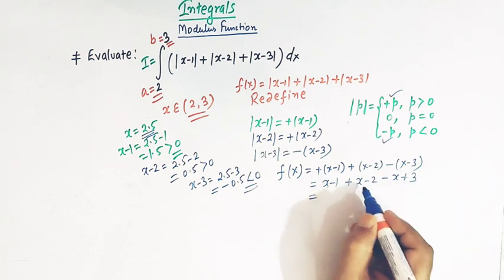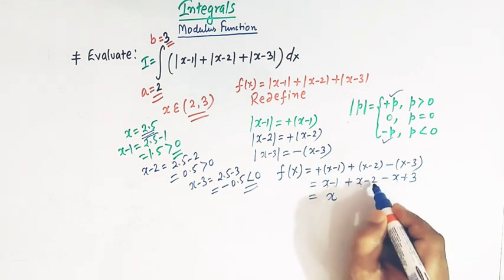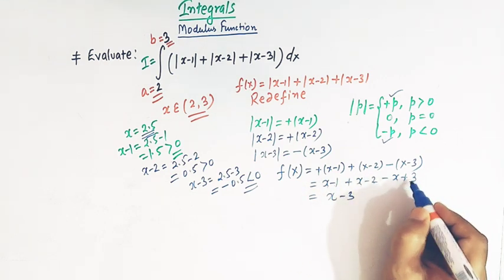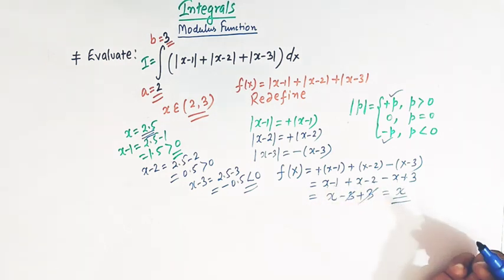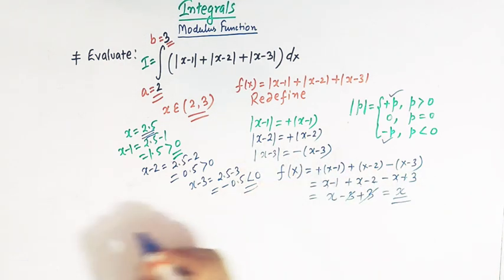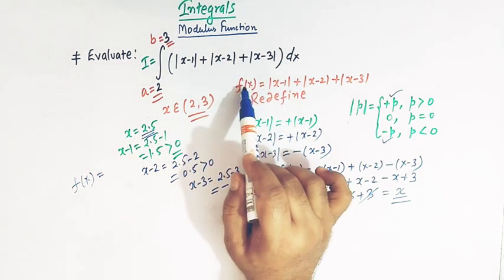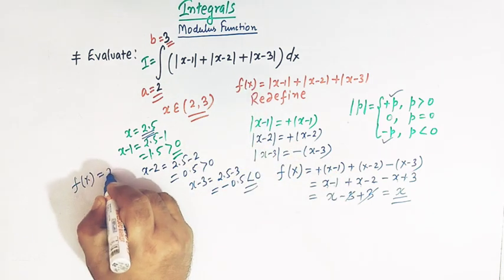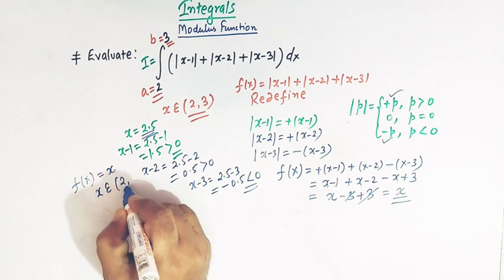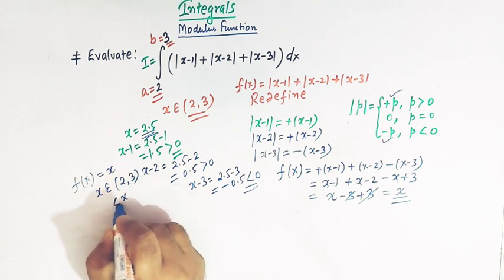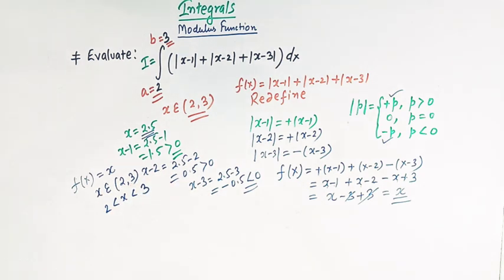So here we have x plus x, 2x, 2x minus x is x, and here we have minus 3, minus 1, minus 2, this is positive 3, so 3 and 3 get cancelled, so we are left with x, right? So the function f of x, or the integrand, is equal to x when x belongs to this interval, that is 2 to 3, or x is greater than 2 and less than 3, right?